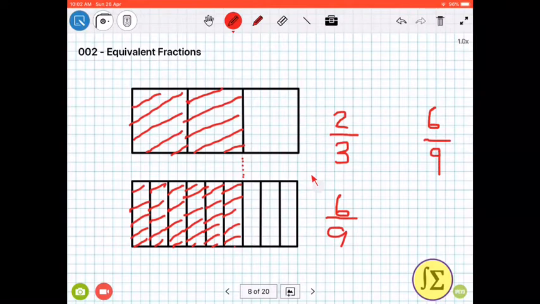So if you look at it, 6 divided by 2, you will get 3. And same thing for the denominator, 9 divided by 3, you will get 3. So they will have the same value, equivalent fractions.